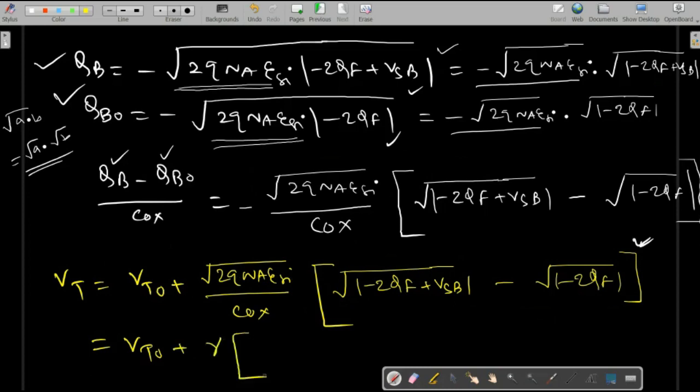Gamma into root of minus 2 phi A plus VSB minus root of minus 2 phi A. So it can be written in this way.